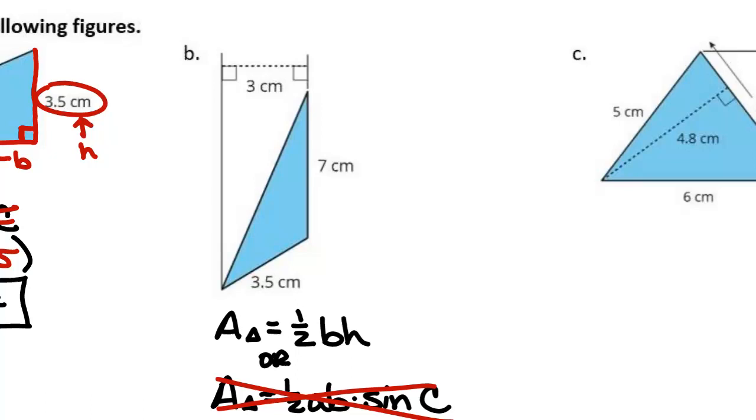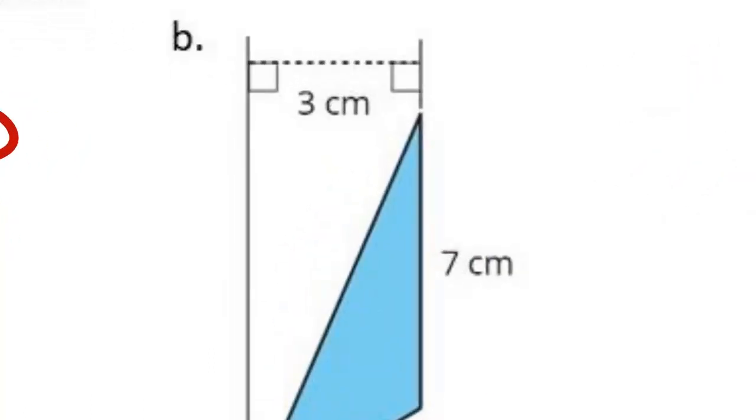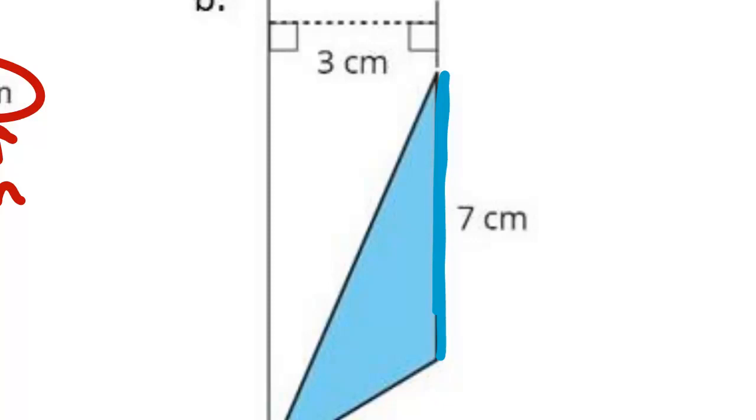Which side should I use? 7. All right, so we're going to use 7 as our base because that is a side of the triangle.